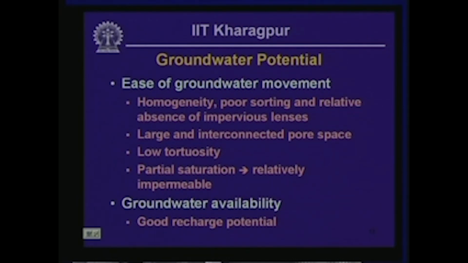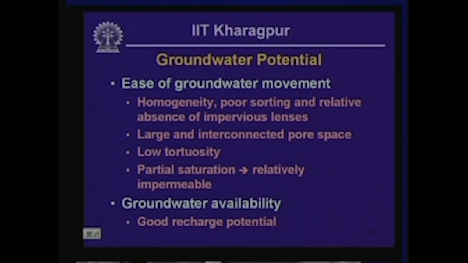Before we look at the artesian groundwater flow, which we are going to look at later on, we first consider how we get groundwater potential. So groundwater potential depends on how easy it is for groundwater to move through the underground formation. It depends on the homogeneity of the subsurface formation which contains groundwater.